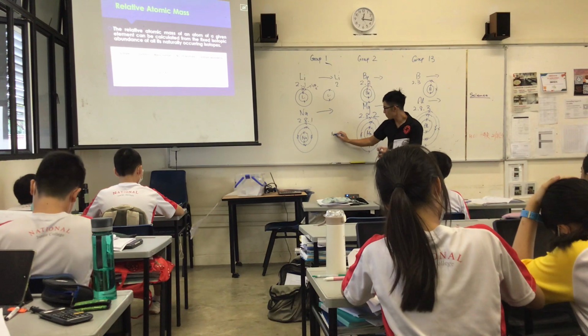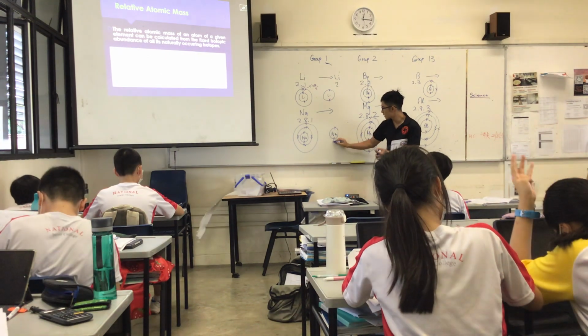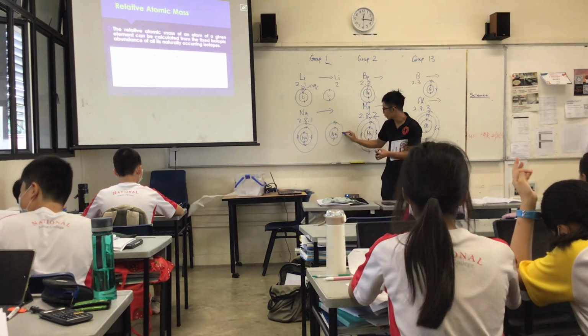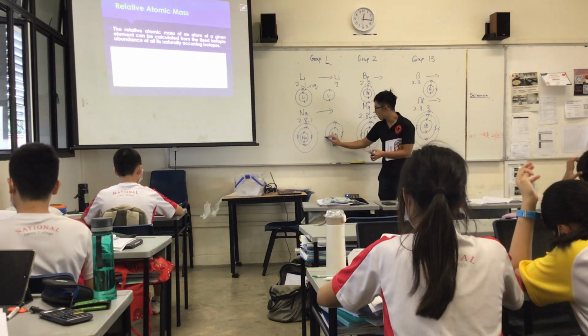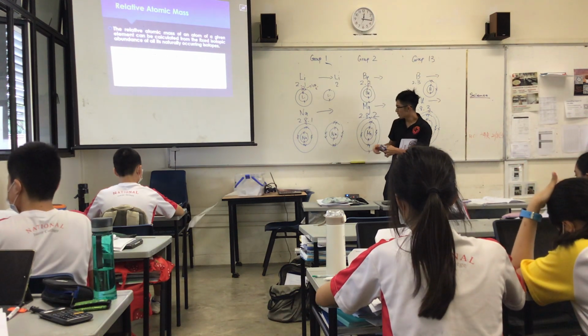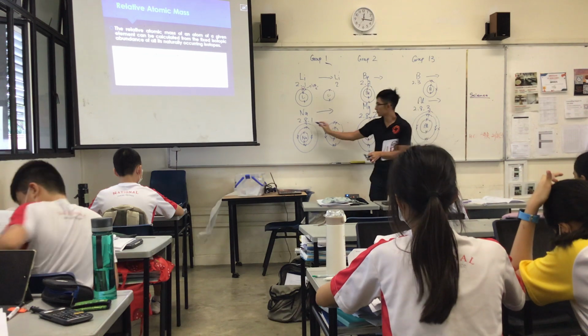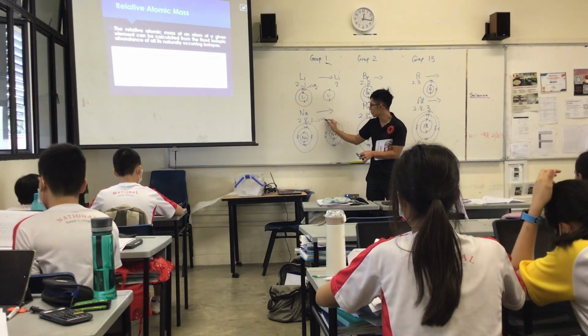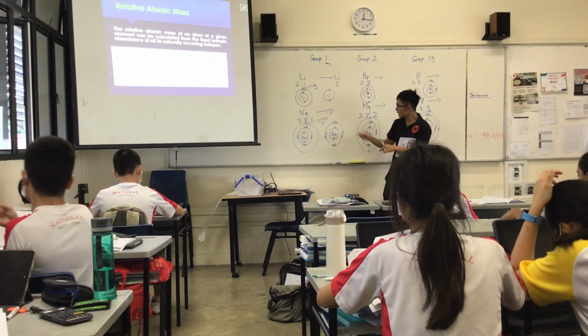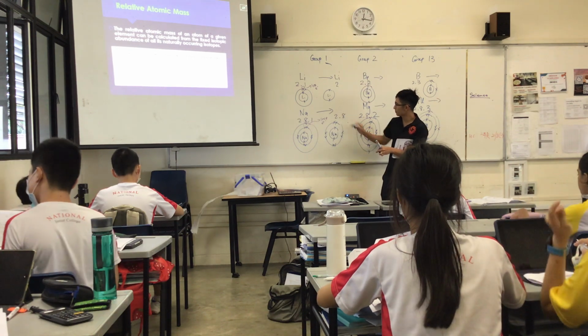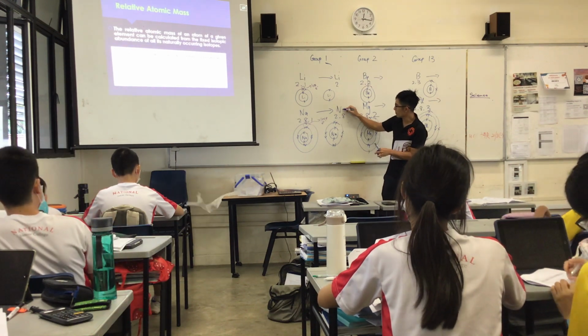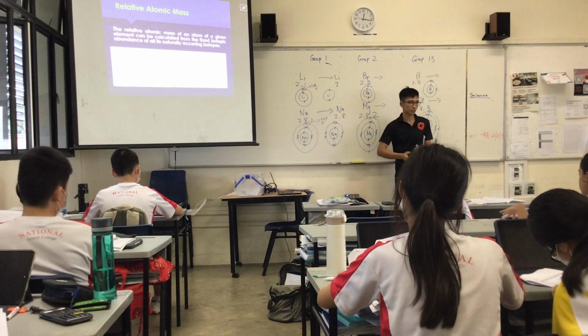So look at sodium. If sodium were to lose just 1 electron in its outermost shell, then it will end up with a configuration that is all full. So let's lose this electron. What you end up with is a 2.8, and this is sodium. Okay?